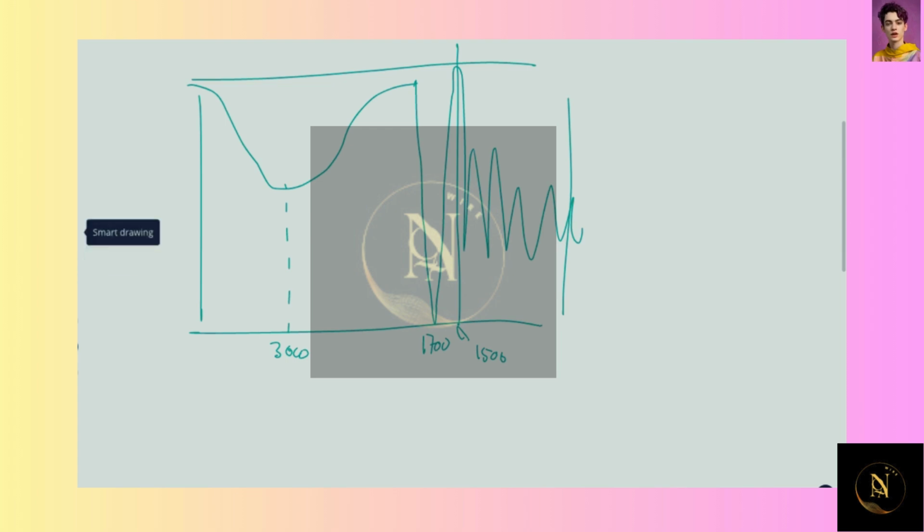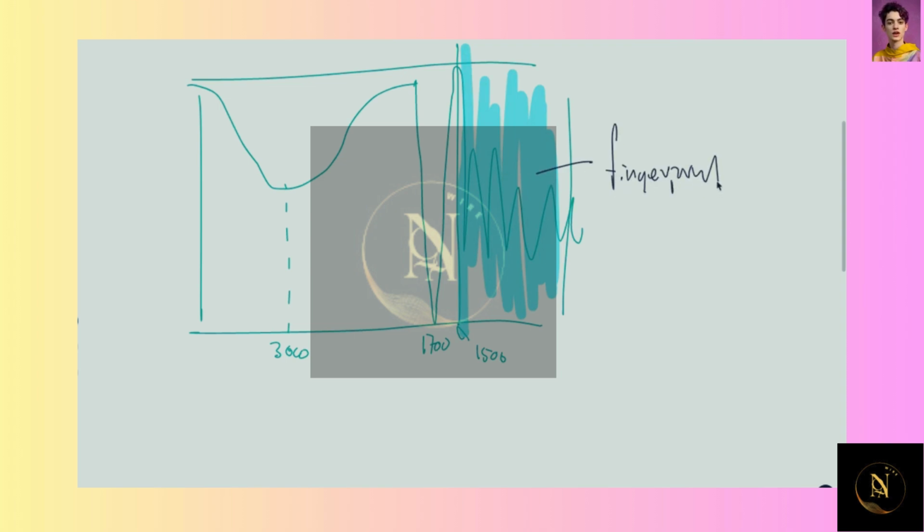What they want to see from you is the range for the functional group and fingerprint areas. So 1500 and below is the fingerprint region. Every acetic acid spectrum down here will look basically the same.